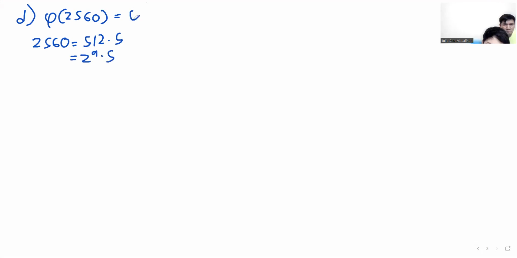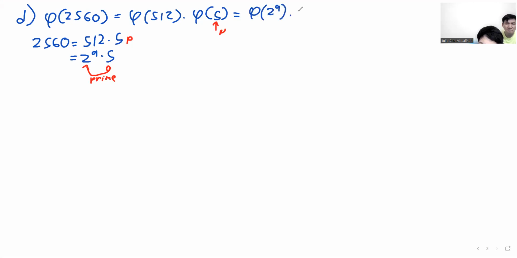Once again, this is a multiplicative function, so we can just multiply. Both of these are already prime powers: 5 is our prime, and 512 is a perfect power, 2 to the ninth.